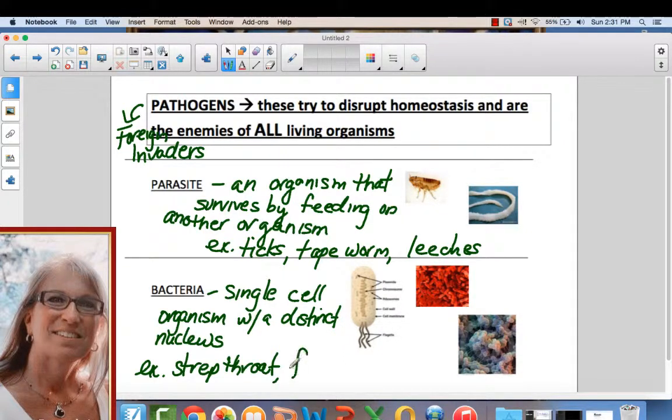Food poisoning. And one of those dreadful sexually transmitted diseases called syphilis. Those are all examples of bacteria. Remember, you can pause me at any time if I am going too fast for you.